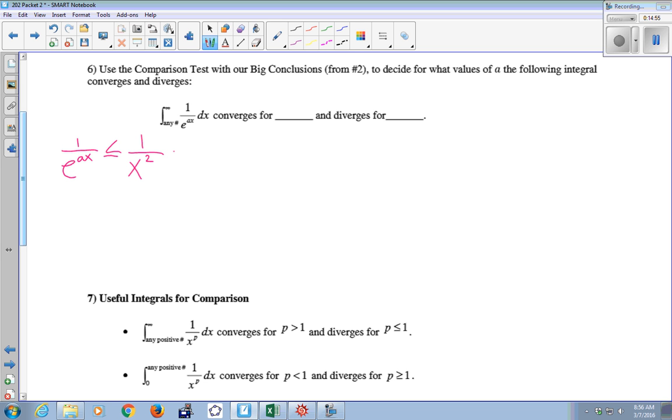So then we have to really write this out using sentences and use the words the comparison test. So this is just a little bit of an introduction to proofs here. So we would say we know that the integral from a number to infinity of 1 over x squared dx converges.